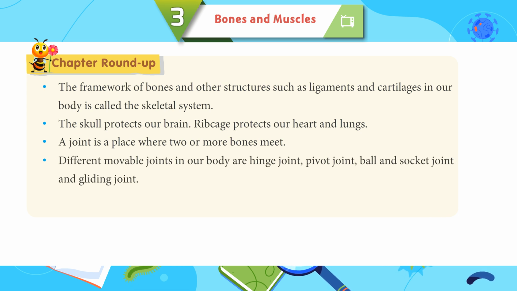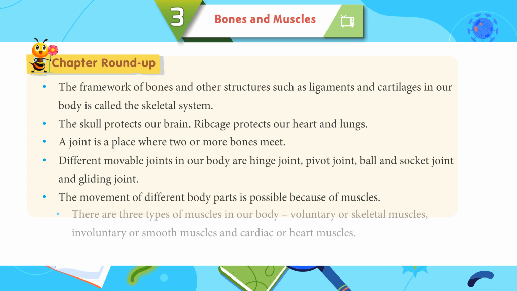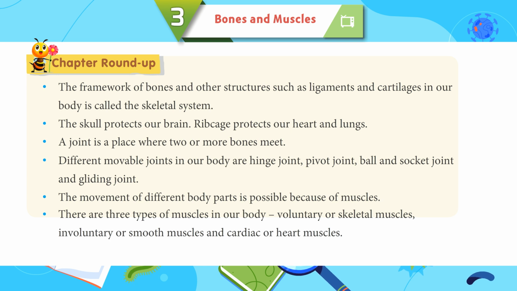Different movable joints in our body are hinge joint, pivot joint, ball and socket joint, and gliding joint. The movement of different body parts is possible because of muscles. There are three types of muscles in our body: voluntary or skeletal muscles, involuntary or smooth muscles, and cardiac or heart muscles.